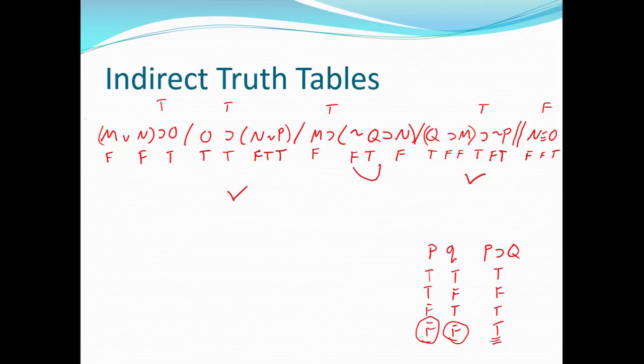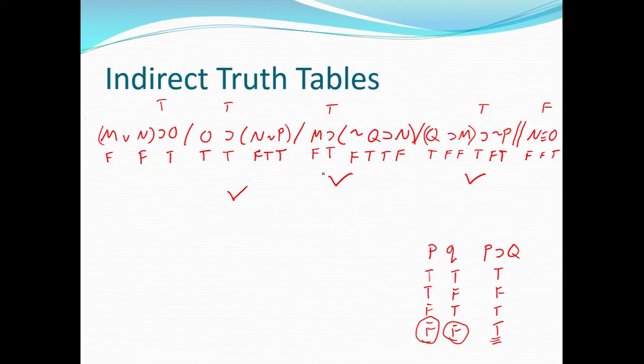It is false, and the false for your horseshoe makes that a true statement. And then our main operator, we're going to evaluate the false of the M with the false of this horseshoe here. False horseshoe false is true. So we did make this one true as well.